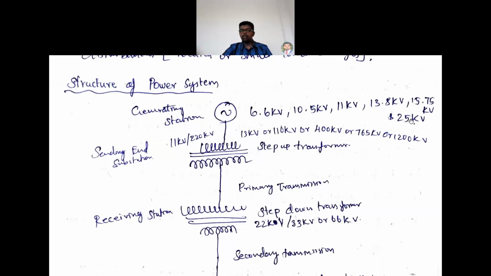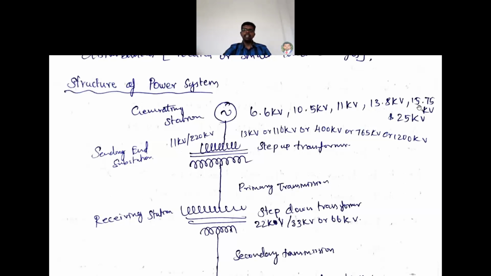More than 25 also exists. Mainly in India, in the previous days, they went for 6.6 kilovolt and 10.5 kilovolt like that. But if you take the last 15 or 20 years, the majority of generators come with the size of 11 kilovolts and 25 kilovolts.